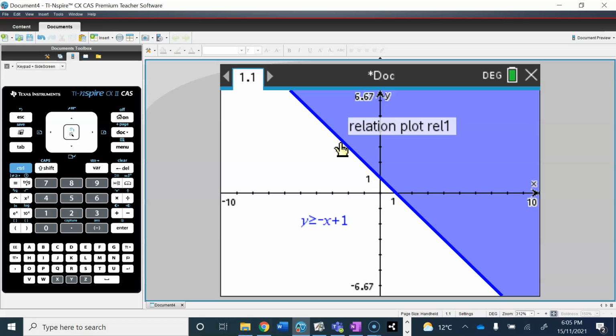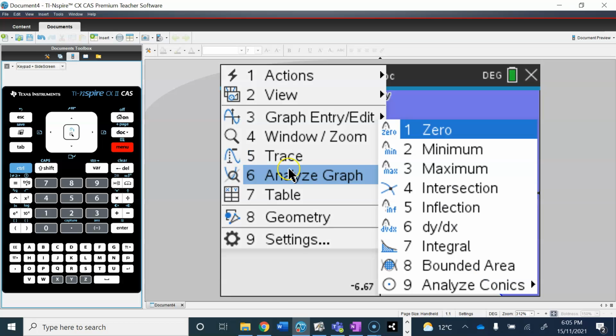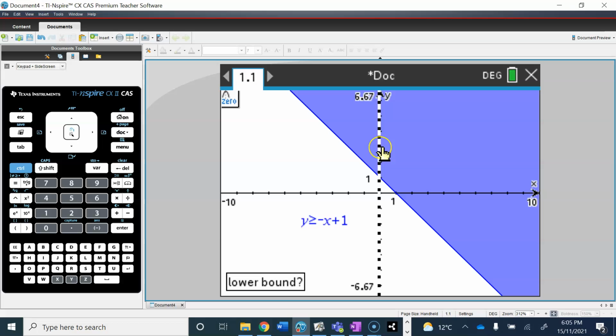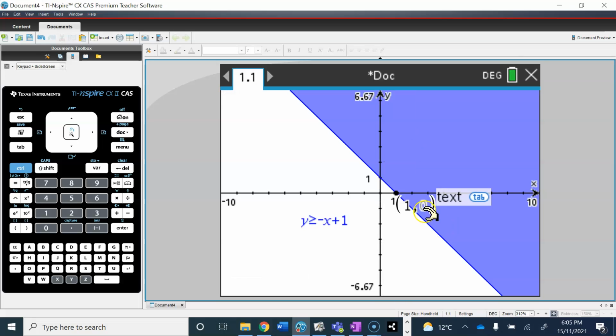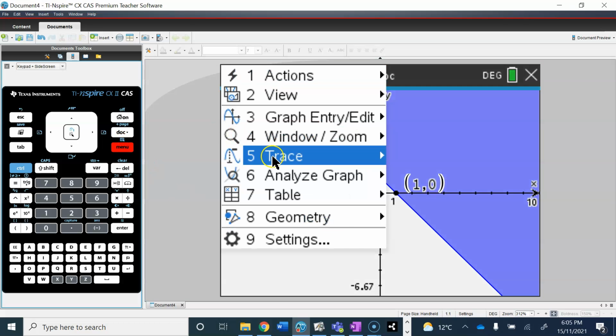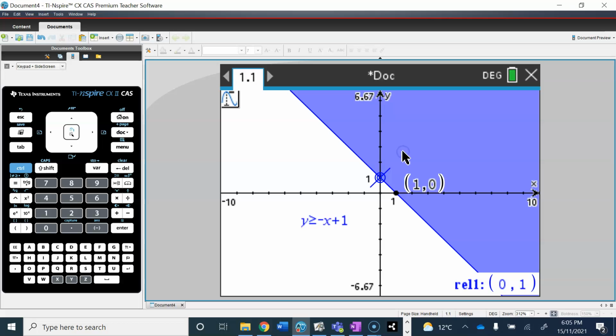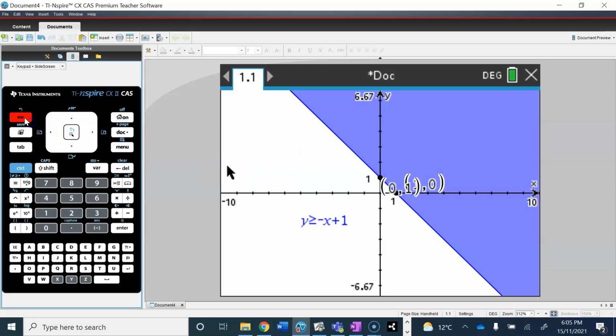What's the y-intercept? Okay, so again, menu 6.1 will give me the x-intercept. Okay, so the point (1, 0) is the x-intercept, and menu 5.1 will give me the y-intercept. When I hit enter, that gives me the y-intercept, I think the quickest way probably.